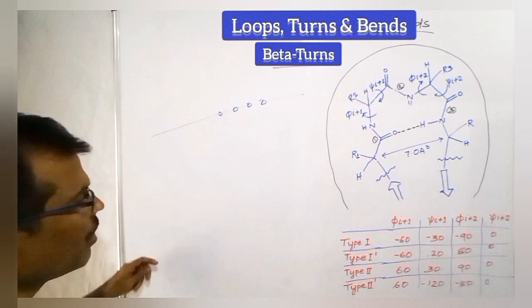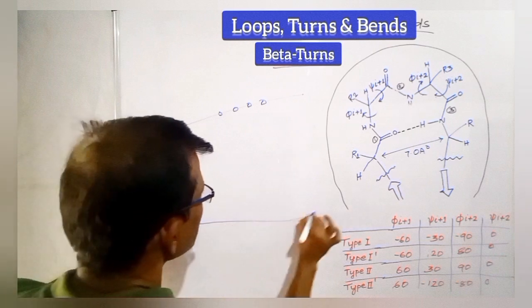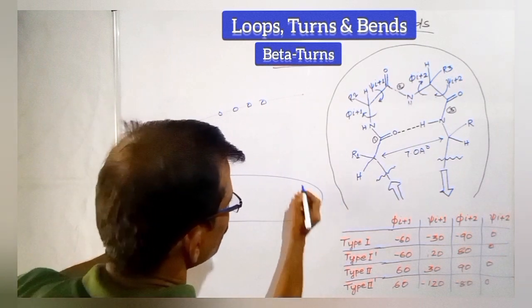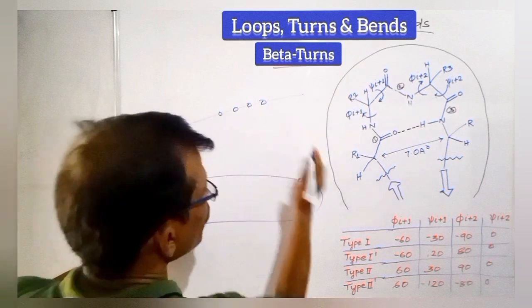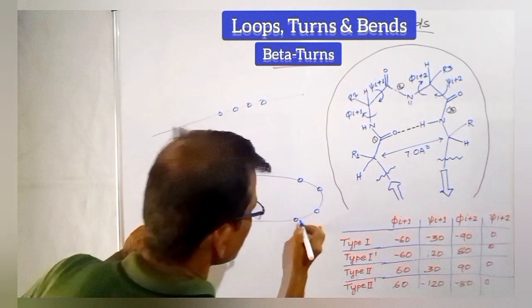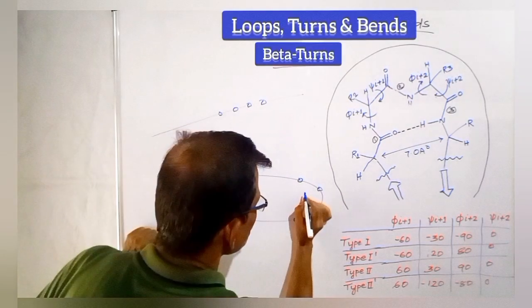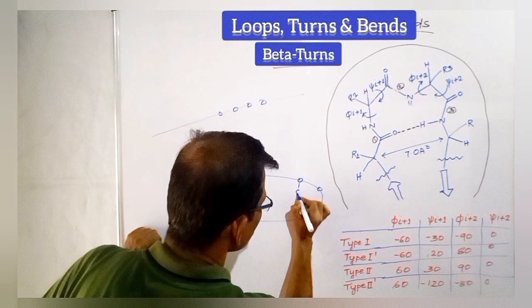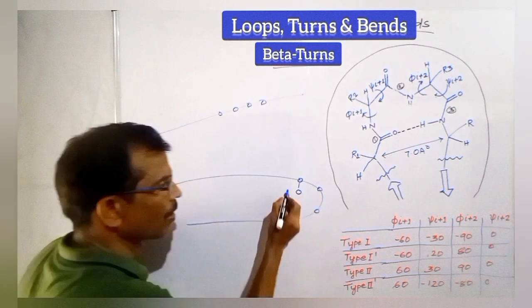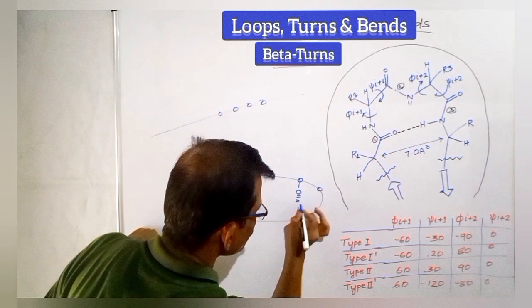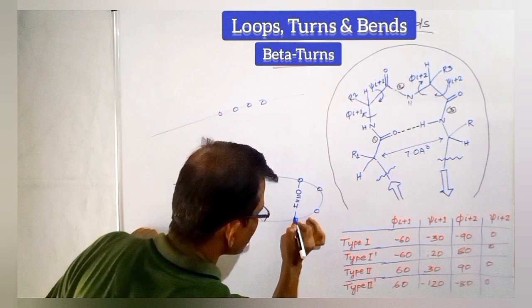During folding, the polypeptide chain will form one beta bend in this region, which contains these 4 specific amino acids. This beta bend is stabilized by the formation of a hydrogen bond between the carbonyl oxygen of one and the amide hydrogen of another amino acid.